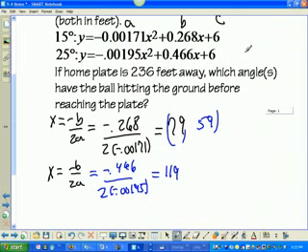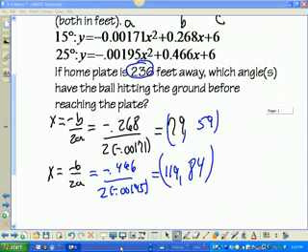And so that reaches the height at 84 feet. Now, the question, though, isn't find the vertex. The question is, which one's going to hit the ground before it goes 236 feet? So now I'm going to go to my graph, but this is where the graph comes in handy. Notice the maximum height I got was 85 feet.